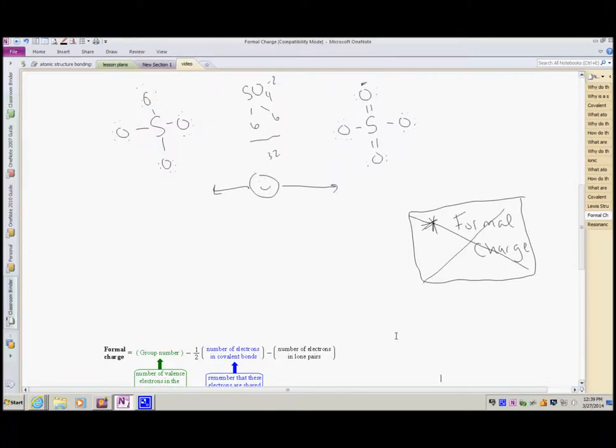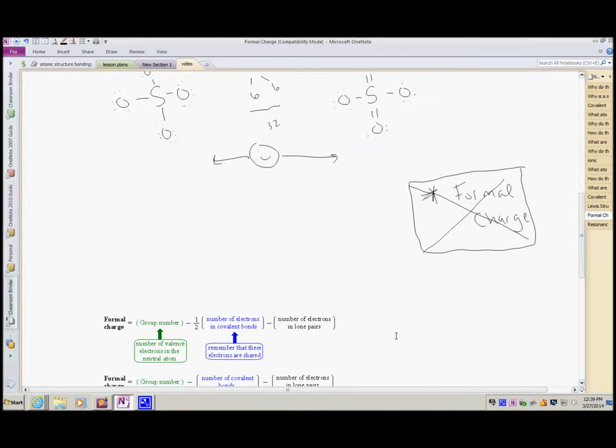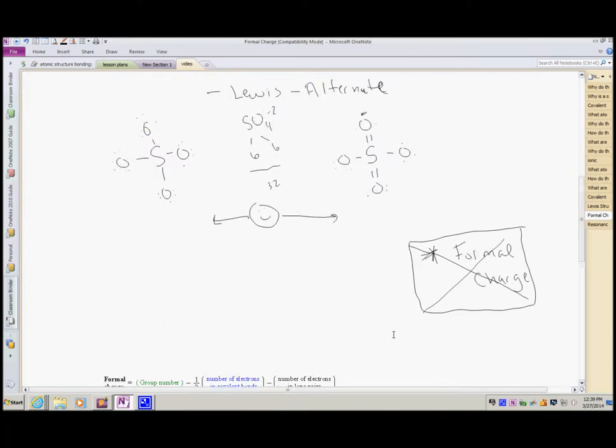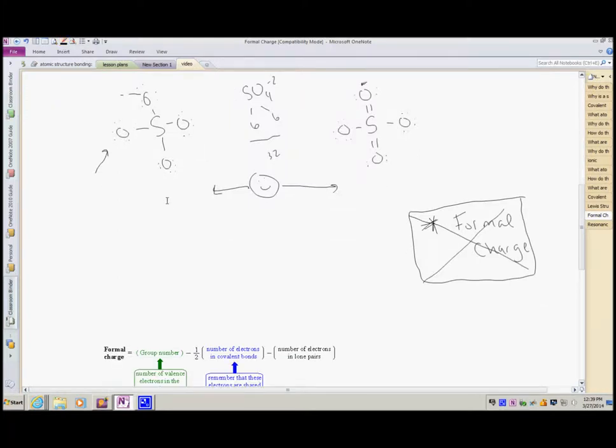Okay. So it says how you do that. It's the group number of electrons. So I'm going to do this oxygen. Every oxygen on this thing here will have the same formal charge because they're all bonded the same. It's the number of valence electrons, which as we mentioned was 6, minus 1/2 times the number of electrons in covalent bonds.